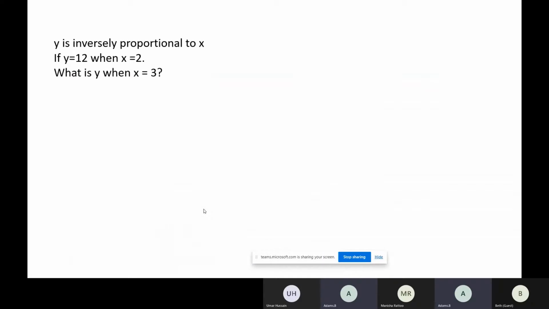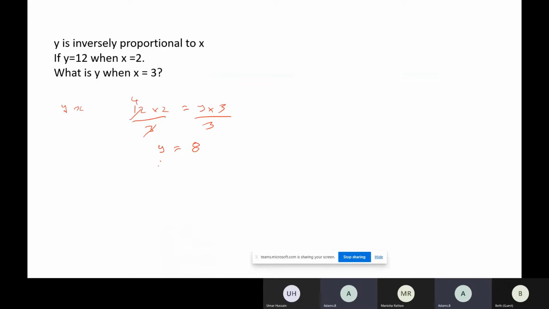Carry on. So y is inversely proportional to x. So we've got in the bracket here, I would normally get them to do yx inversely proportional. So 12 times 2 is equal to y times 3. Solve the equation, cancel, 4, y is equal to 8.